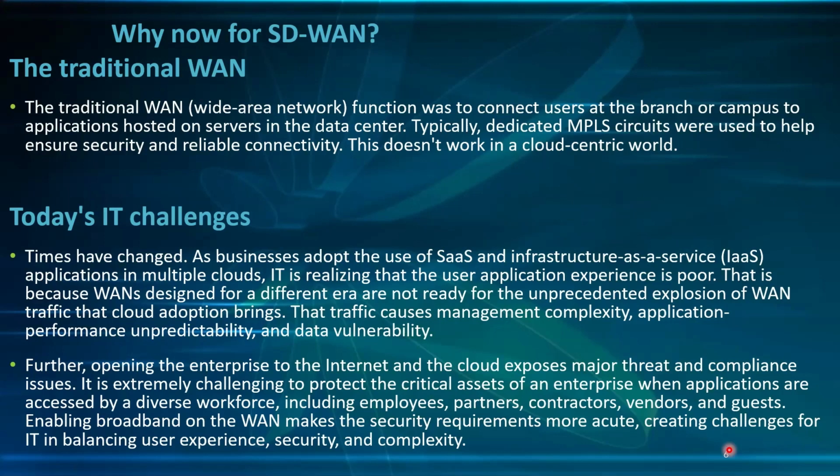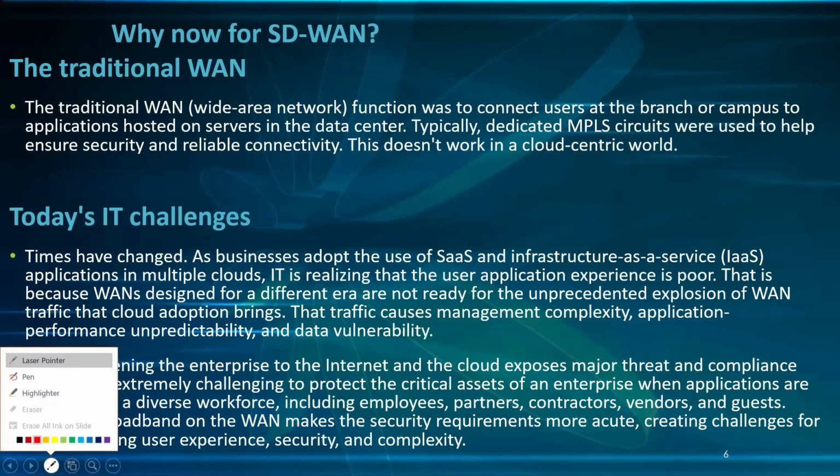That's where we need SD-WAN right now. We need something which can provide us security and help us avoid sending traffic to the central point, so that if I want to talk to Google, I can talk directly to Google. If I want to talk to AWS, I can talk directly to AWS.